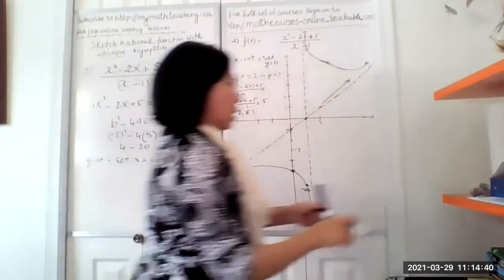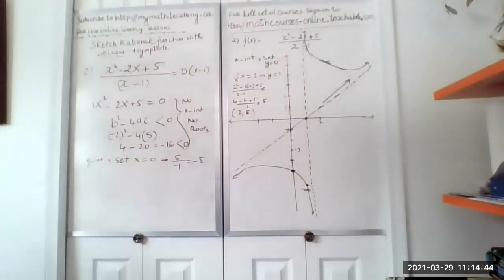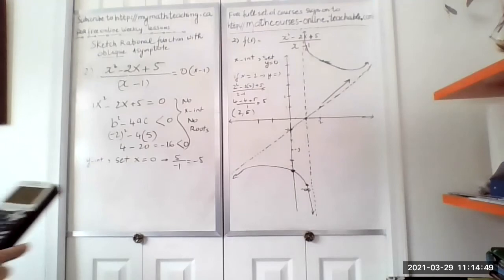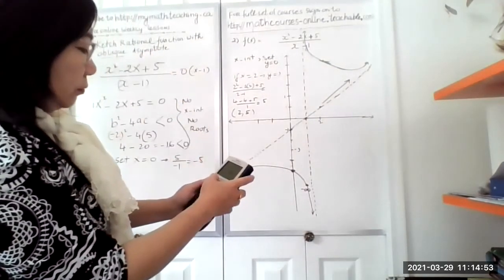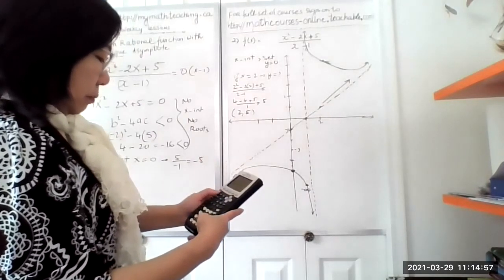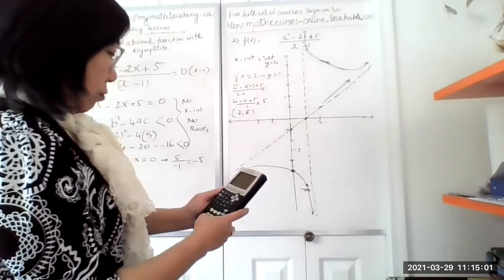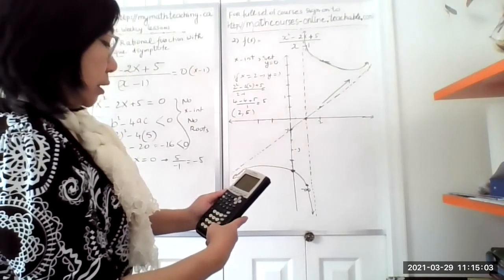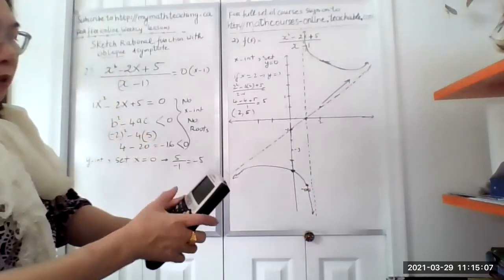Okay, so now let me put it in the graphing calculator and check with you, right? I didn't check the first one for you, but let's check this one. Okay, let's press second, memory, 7, reset, 1, to reset, so I make sure the RAM is clear on my calculator.